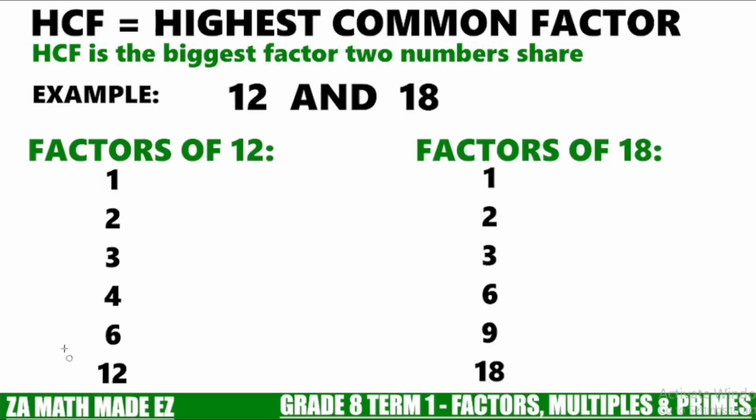It's 6, because there is a 6 here and a 6 here. There's no 9 here, no 12 there, and no 18 there. 6 is also higher than 4 and 3. So the highest common factor between 12 and 18 is 6.